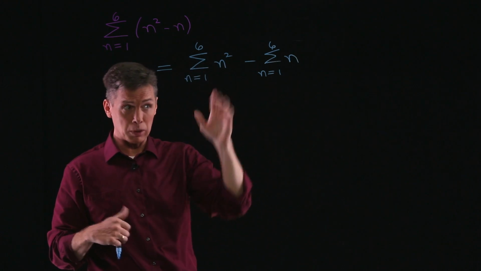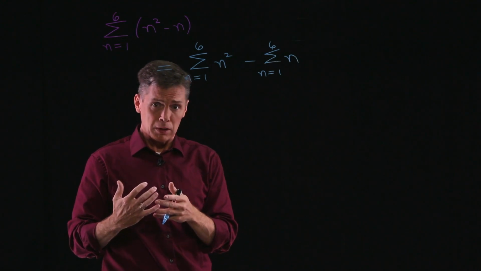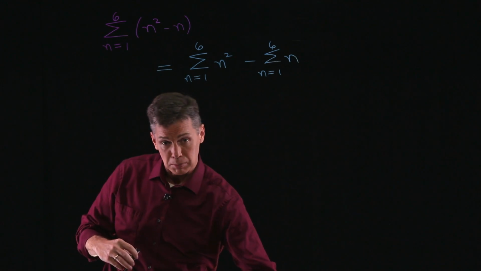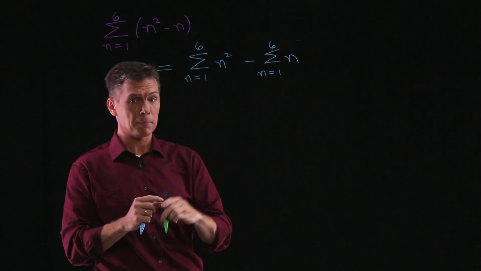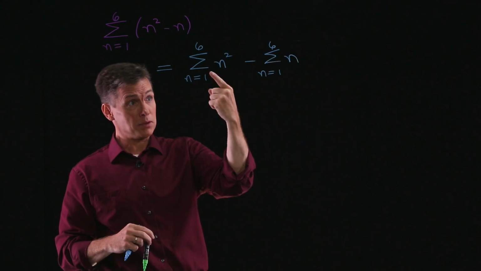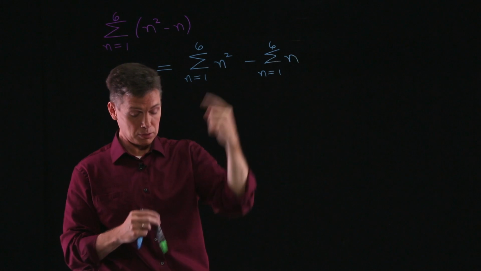Do that everywhere that you can, and then you're ready to go. You're ready to go in the sense that now you should start to be matching those formulas that they mentioned. The formulas for the sum of powers of integers.